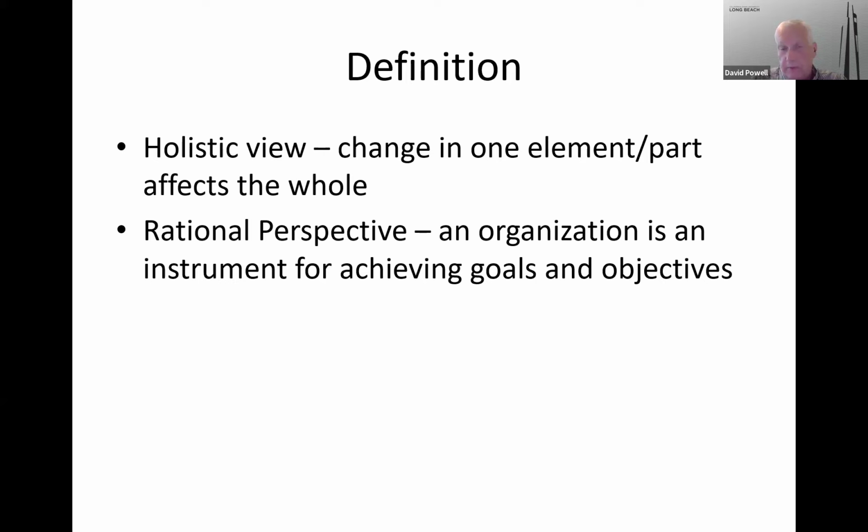For natural systems theorists, the ultimate goal is agency survival. So they really viewed the goal of an organization is for that organization to survive into the future. Open systems theorists are also interested in agency survival, but their focus is a bit more on agency growth and how can we leverage the external environment to grow the organization. But either way, it's a rational perspective in that we are trying to understand how better to accomplish these goals.